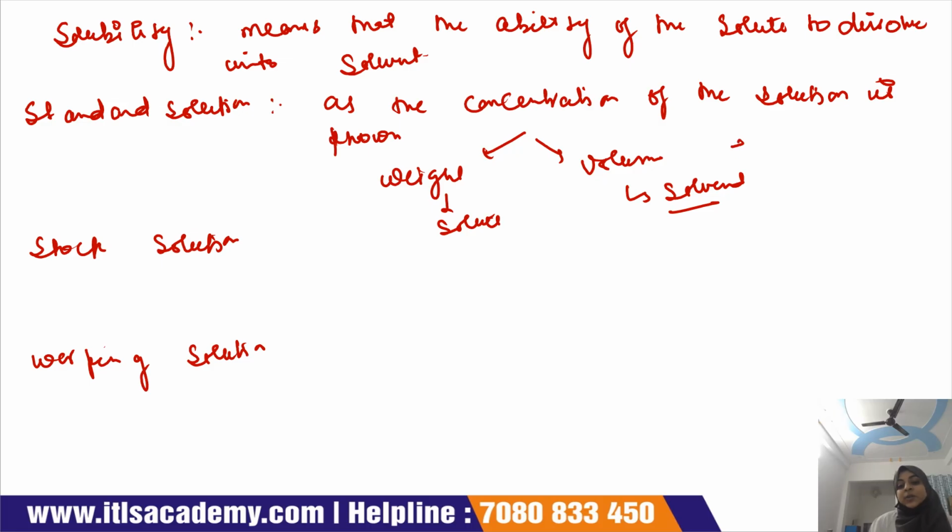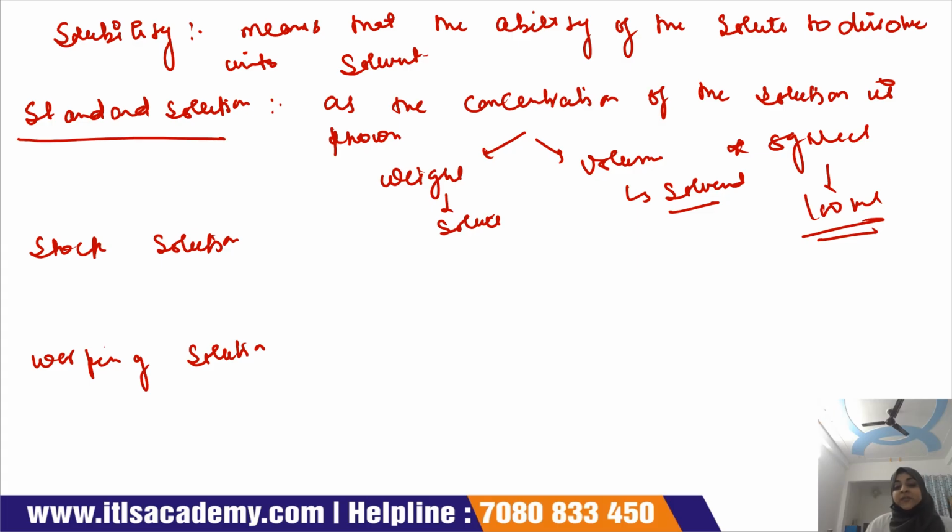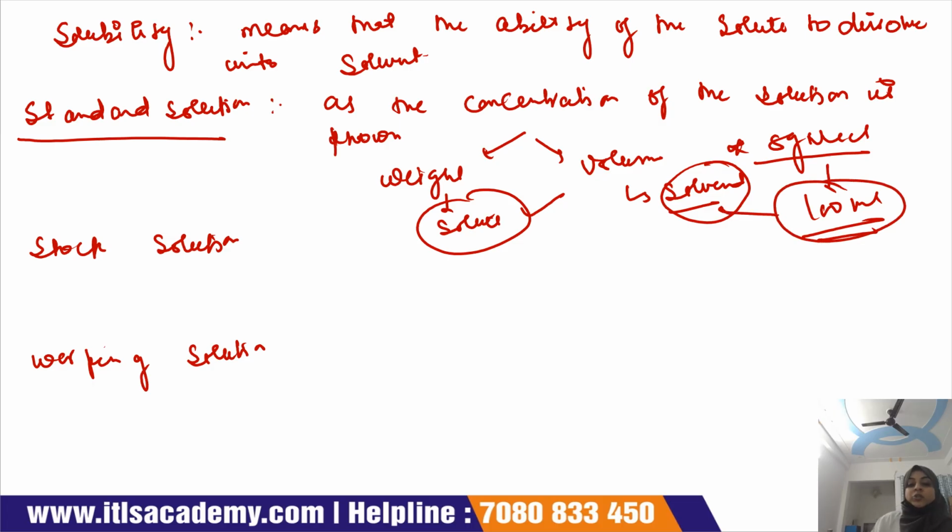Suppose that someone said to you, prepare 5 gram of NaCl in 100 ml of distilled water. That type of solution is called a standard solution, in which we know the weight of the solute and the volume of the solvent. The 5 gram is the weight of the solute, and the 100 ml is the volume of the solvent.